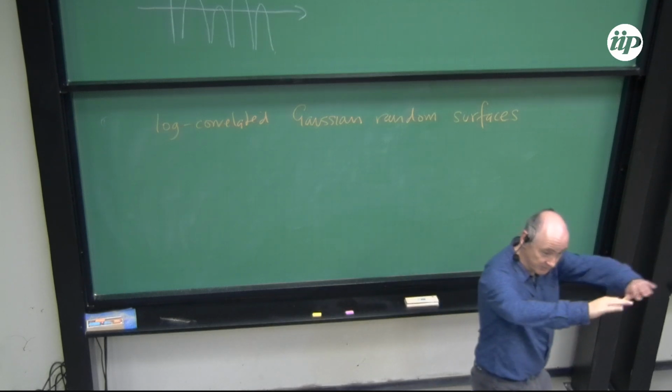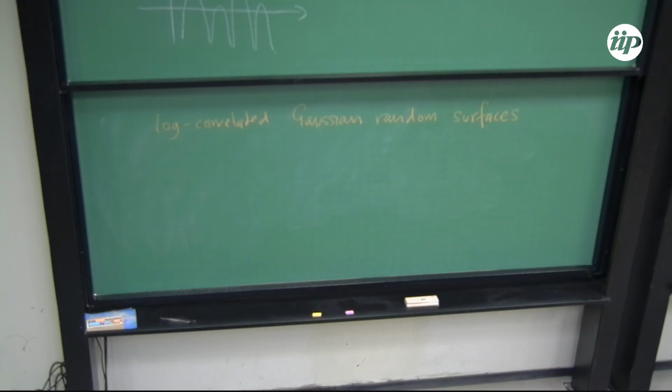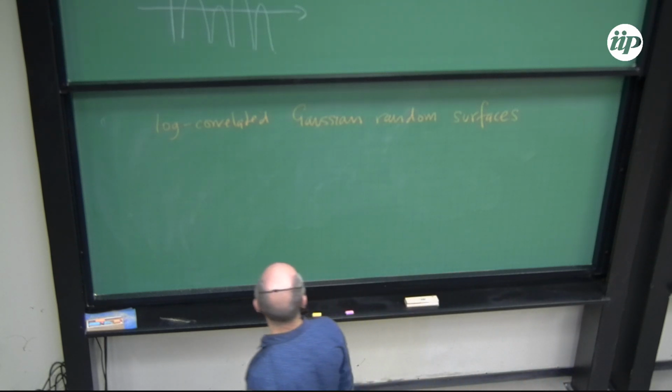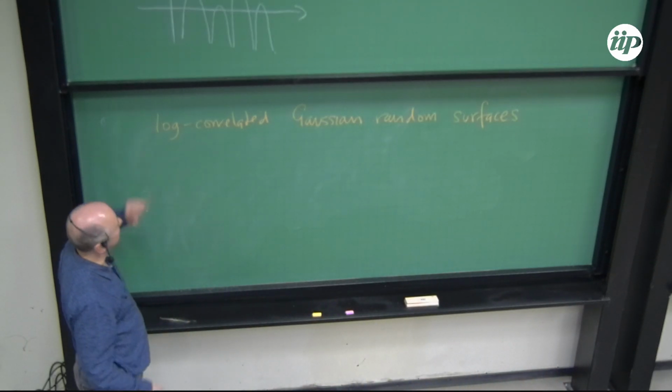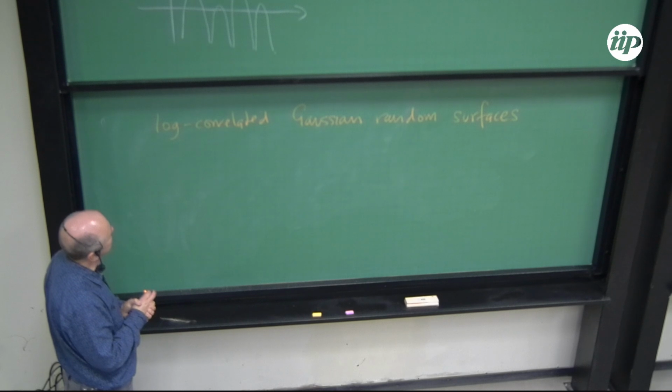So these would be a random surface. Think of a two-dimensional surface, which is random, and in fact it doesn't really exist as a function. It exists as a distribution. Think of it as fluctuating so wildly that it has to be thought of as a distribution and not actually as a surface.